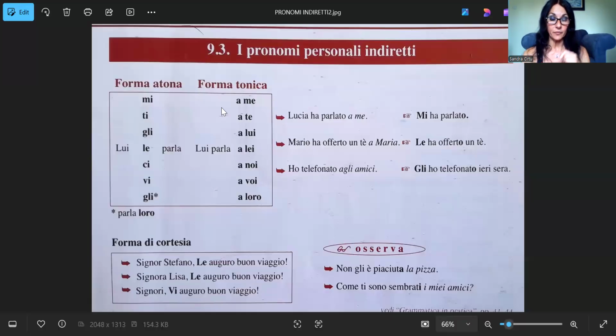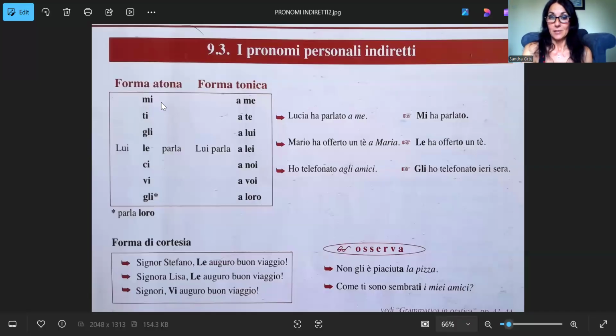And this is the weak form. We have mi, ti, gli, le, ci, vi, gli. Some of them, yes, do look exactly like the direct object pronouns. It would be much easier and less confusing if they were completely different.